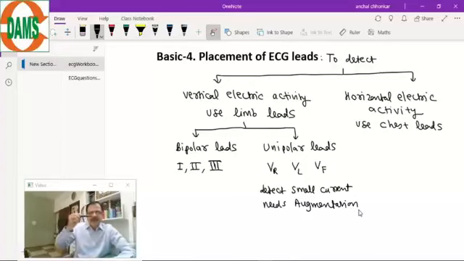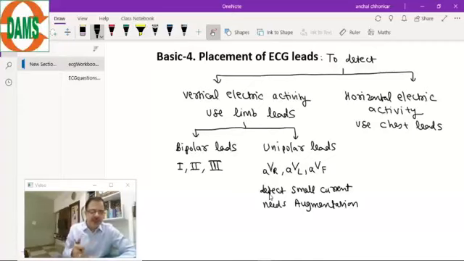That means the needle will deflect very little because they detect very little current. So what does the machine do? The machine augments that voltage automatically. So we write the letter A before these leads: three leads, AVR, AVL and AVF.